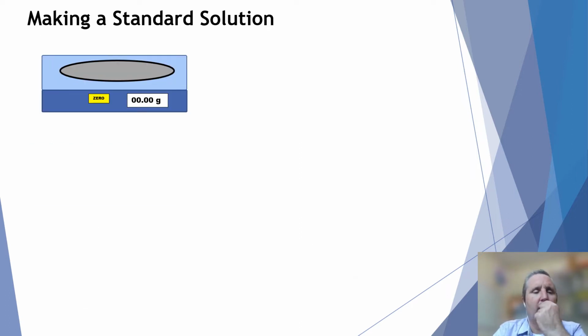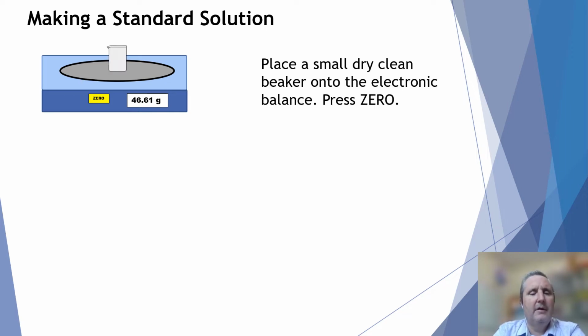Okay, so first step, take our balance and place onto it our small clean dry beaker. Then we're going to press 0, or sometimes it's called tare, on the balance, and the balance will go to 0. We're now going to measure the mass of the solid that we need to make up the exact concentration in 250 mL.